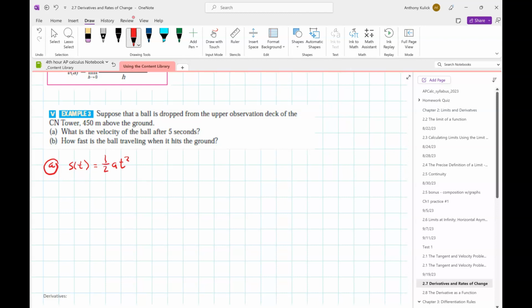So notation for everybody, s is the traditional letter we use to describe displacement or position. v for velocity, a for acceleration. Now, what is acceleration if we're dropping something? It's just going to be gravity, 9.8. I'm just going to call it positive. It doesn't really matter whether it's negative or positive in this particular problem.